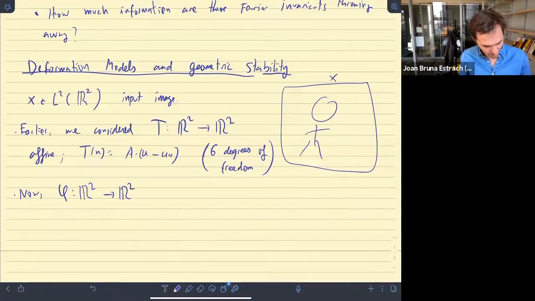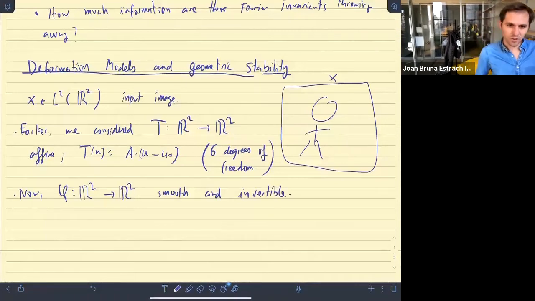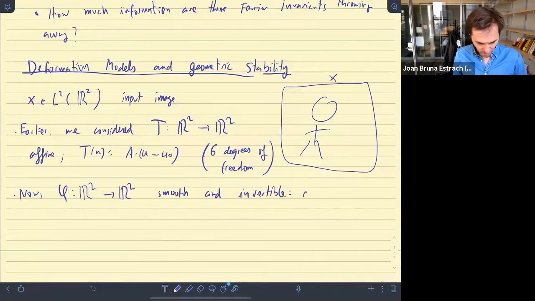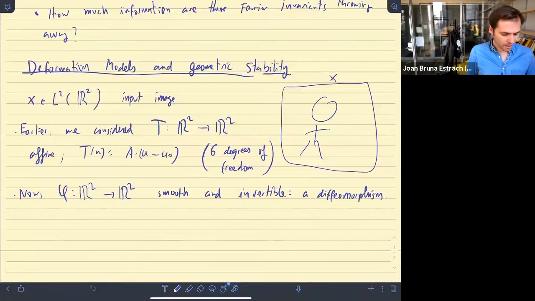So we're going to ask that this mapping is smooth and invertible. Okay, so we can still respect the algebra of transformations. And this is actually a diffeomorphism.